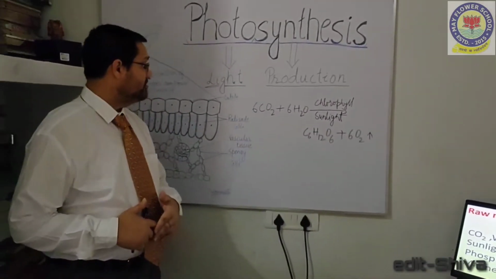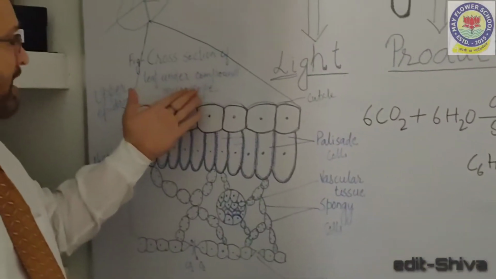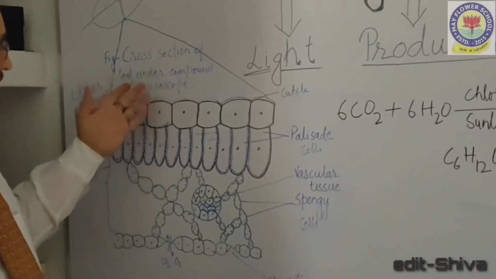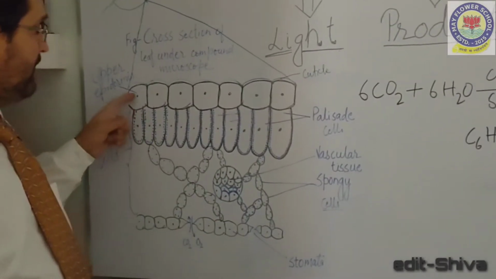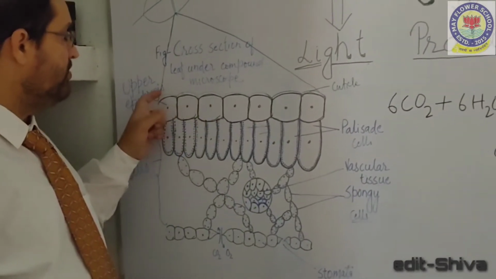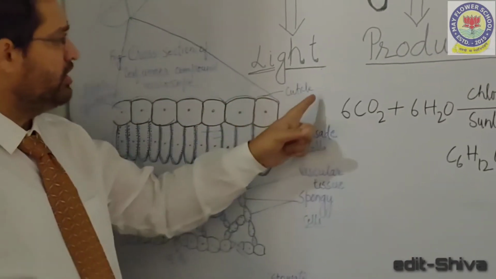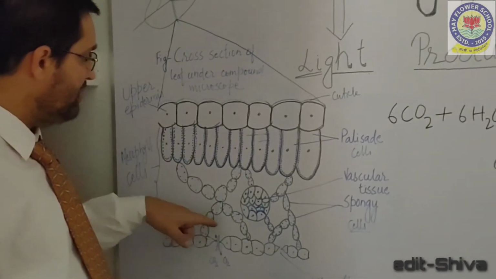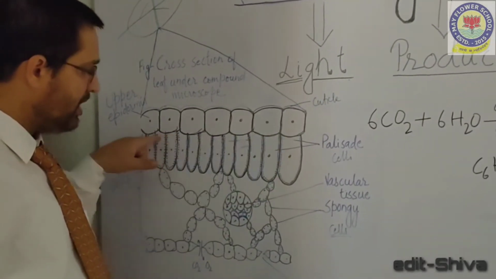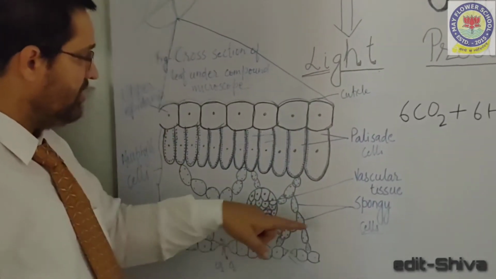If you see the cross section of leaf under the compound microscope, you will find three main regions. Upper epidermis, which is covered by a waxy layer called cuticle. Below it, there is a mesophyll region. Actually, this is the main region of photosynthesis.